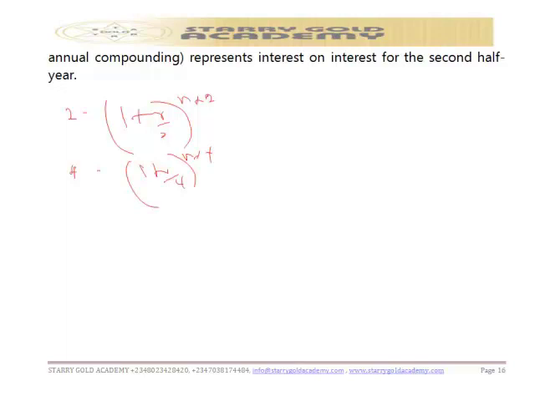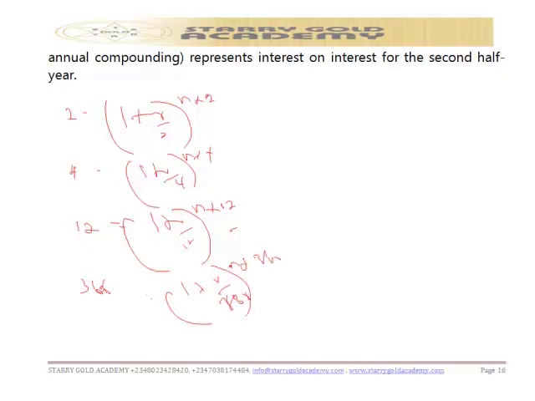If it is monthly, which is 12 times, it will be 1 plus R divided by 12, all raised to n times 12. And if it is daily, which is 365, it is 1 plus R divided by 365, raised to n times 365.